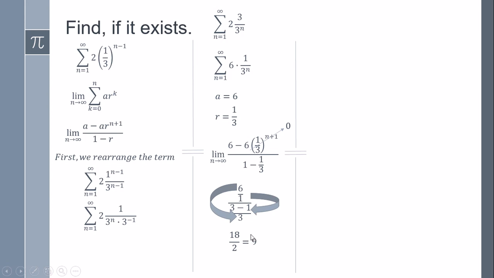So this series tends to 9, but take care, because remember that here we are starting from 0, but our exercise starts from 1. So in this way we have to subtract this series evaluated at 0.